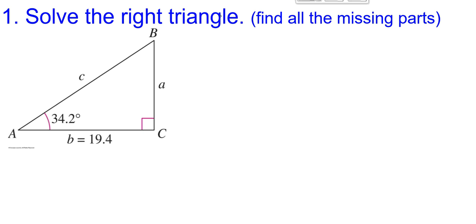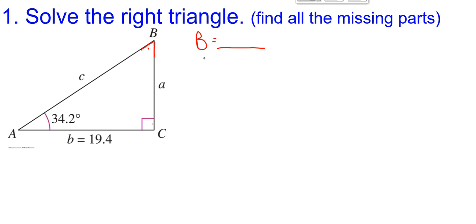For this one, to find capital B, which is this angle B right here, I know that this is 90, this is 34.2, so really I could go 90 minus 34.2, but eventually I won't be able to do that.